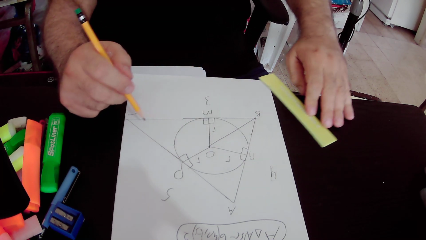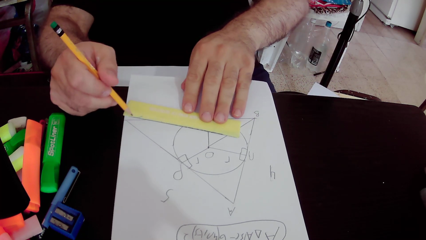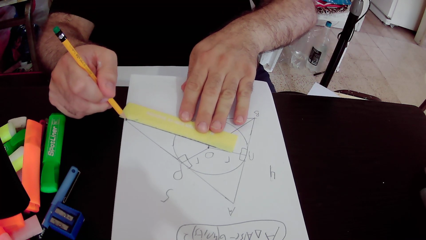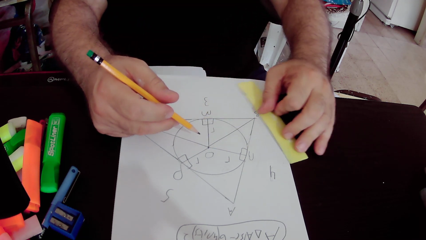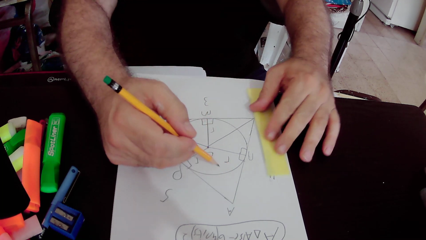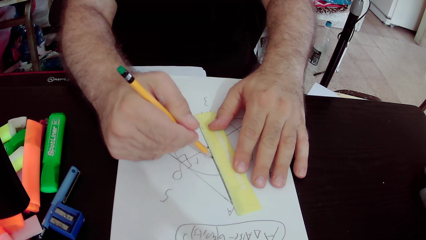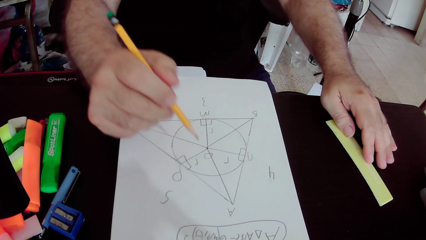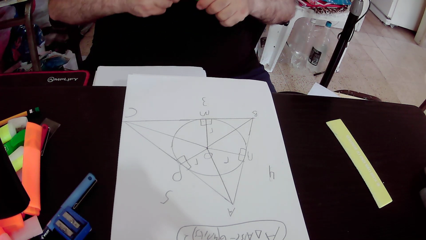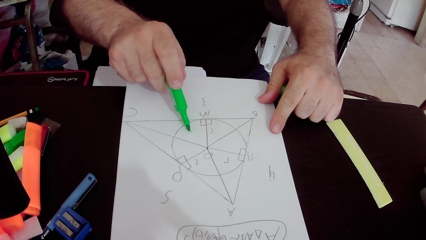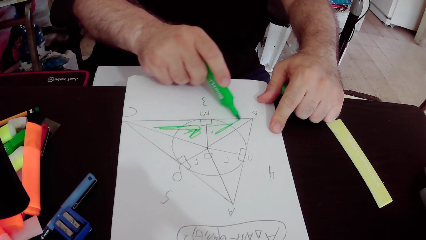And we will connect together points O and C by a straight line. And we will also connect together points O and A by a straight line. In the next step, we will calculate the area of the green triangle.